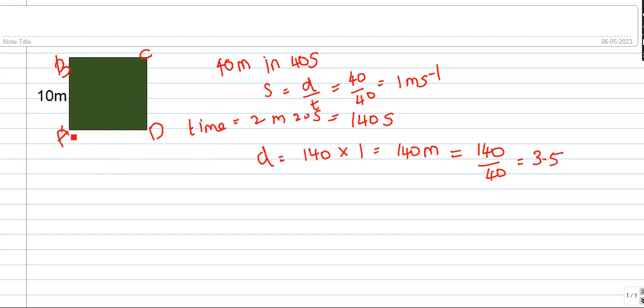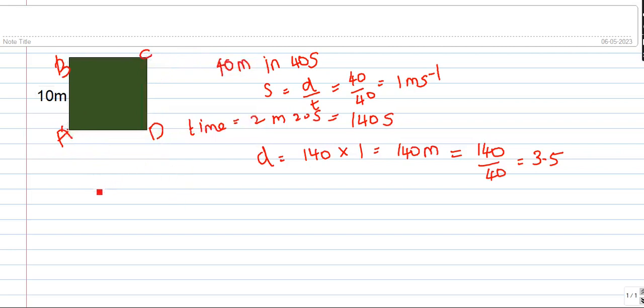So when we say 3.5 times, it means from A, he goes to B, then C, D, back to A will be one round. So like this, he goes three times, then from A to B, then B to C. So his final position is C. From A he goes to C.